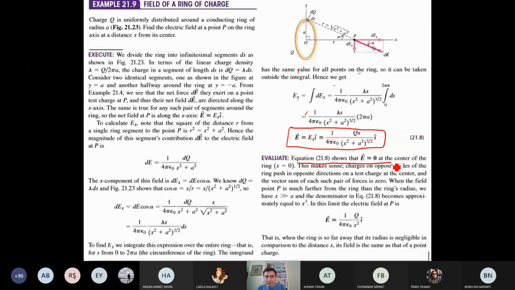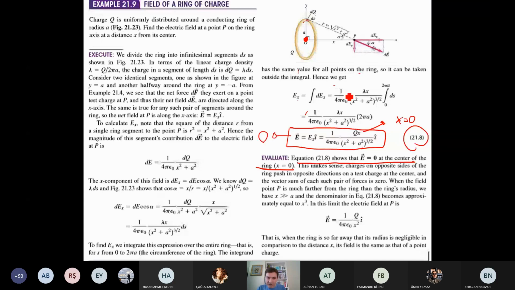When x is 0, here we have x, you see? If you put x equal to 0, then the electric field at the origin of this ring will be 0, right? This electric field will be 0. So just by using this equation, this solution, I can get this information.